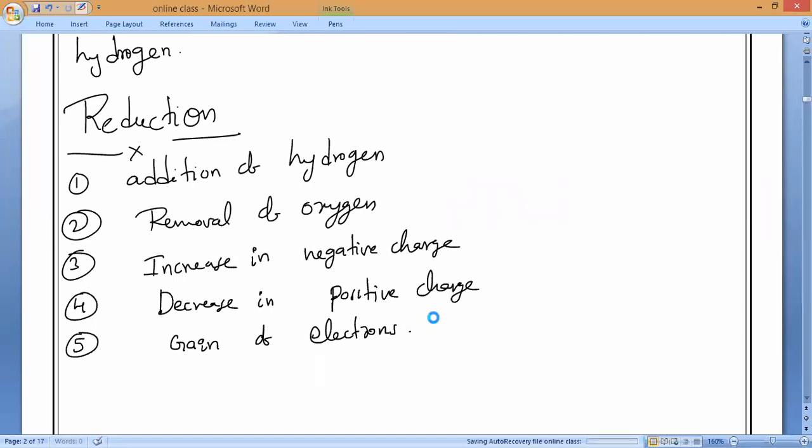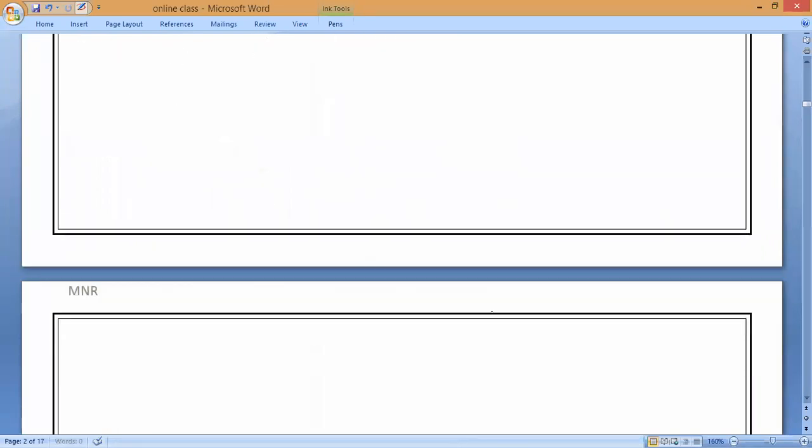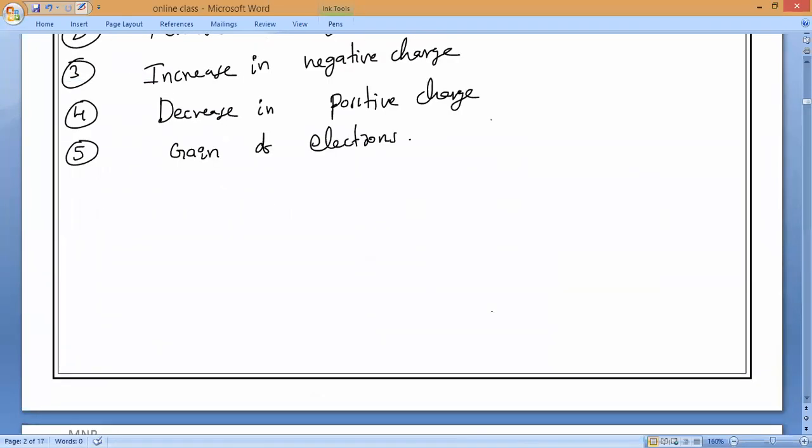Now, if it is reduction, then somebody should supply the hydrogen or be ready to take oxygen. That substance, what do we call it, guys? Reducing agent. The reducing agent is the substance which reduces other substances and itself gets oxidized.